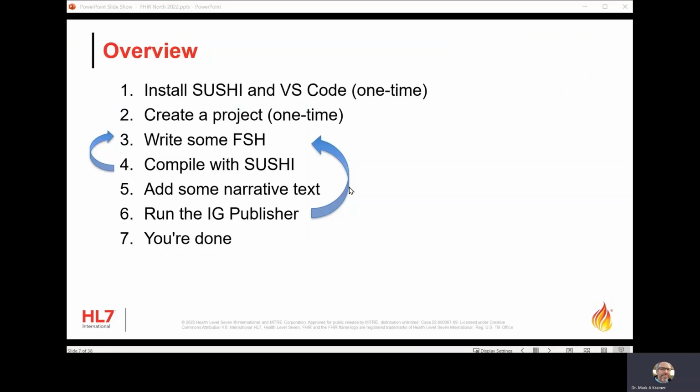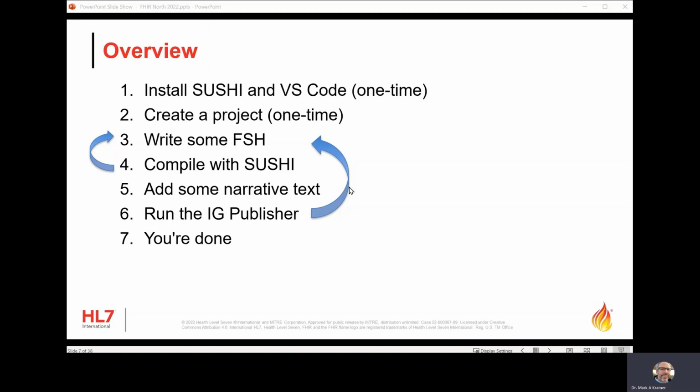So to take a step back now, the overview of the flow of using FHIR shorthand goes something like this. To get started, you'll install the FHIR publisher, Sushi, and your favorite text editor or IDE. We like to use VS Code, Visual Studio Code, because we have a custom add-on that formats FSH language for you.